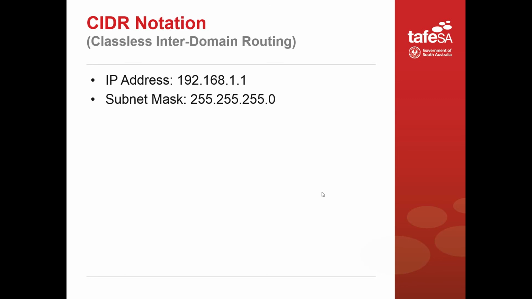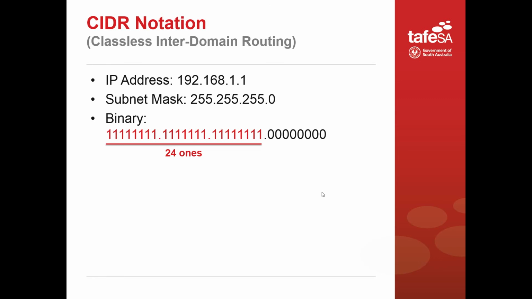Now let's have a look at the binary again just for a moment for the subnet mask. There's 8 ones, dot, followed by another 8 ones, followed by a dot, followed by another 8 ones. And if you add all of these up, that gives you 24 ones.